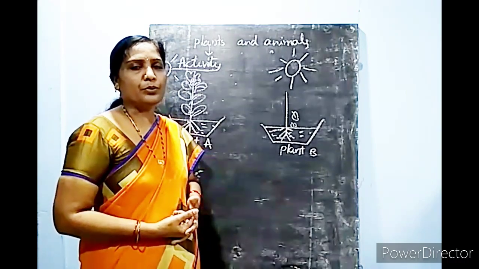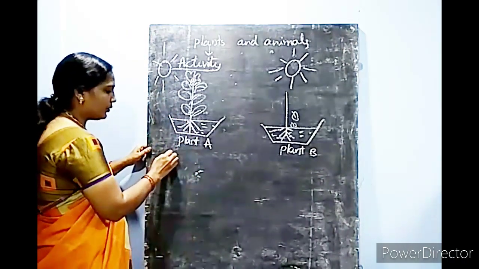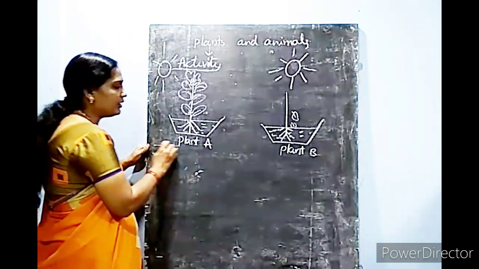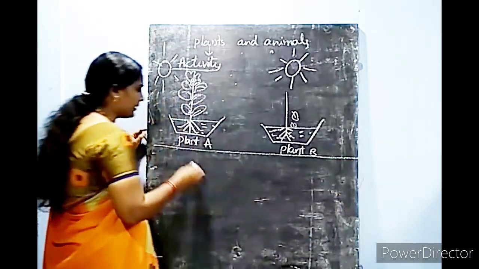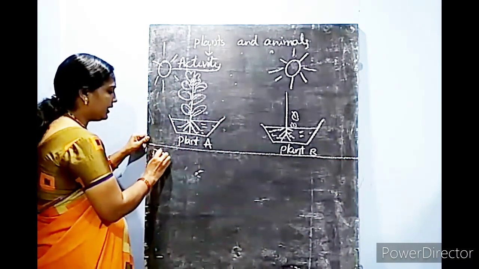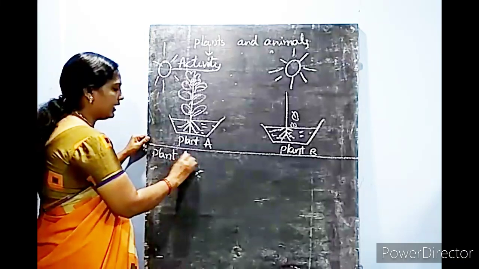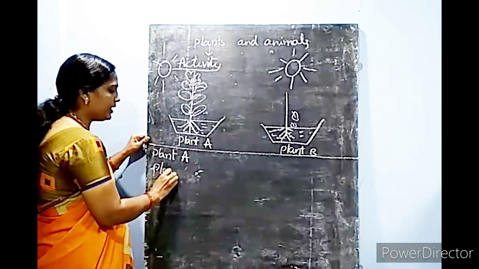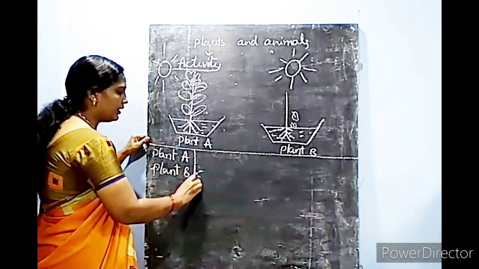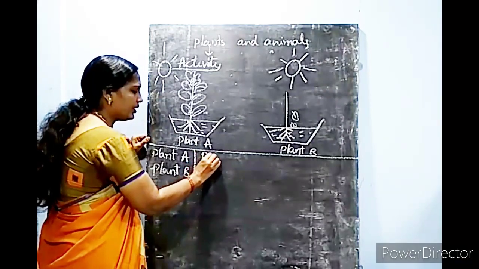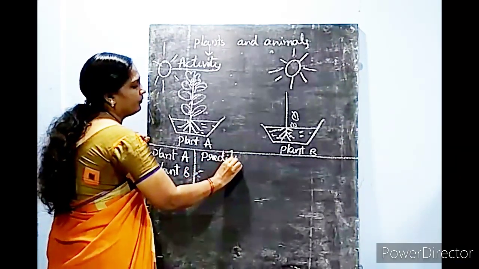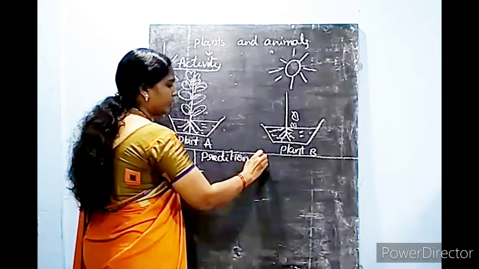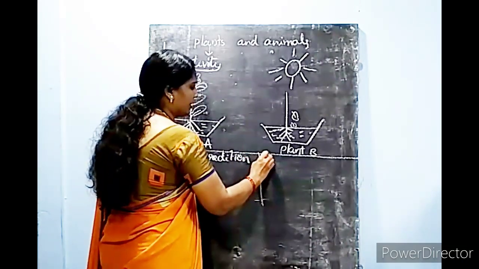Then we are going to tabulate or record our observations for plant A and for plant B. What are your predictions and what are your observations?